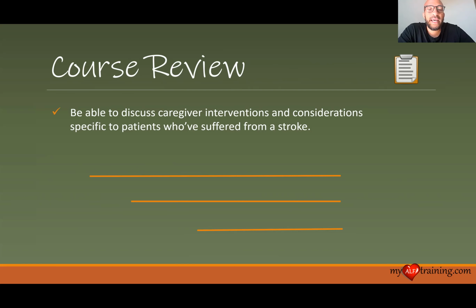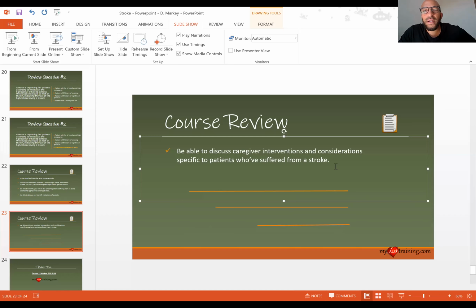This was the 7 points that we talked about, all of those specific considerations specific to a patient who's had a stroke, things that we can expect as a caregiver to help our patient with, to help them overcome, and we can prepare ourselves for in their care.